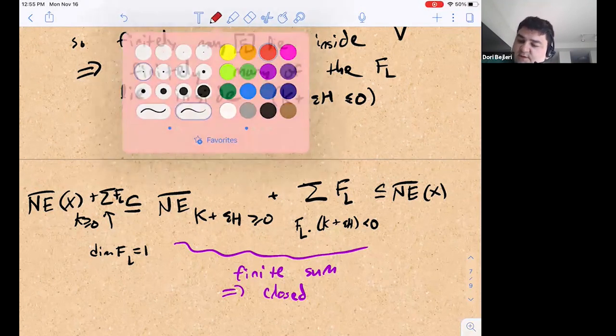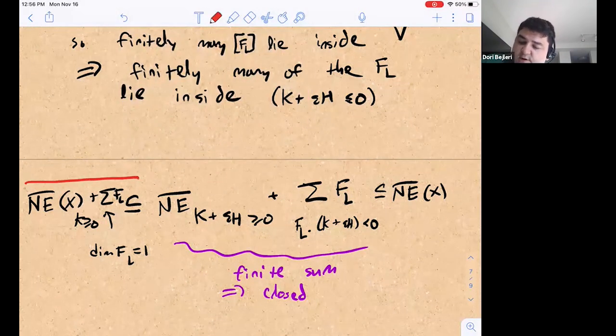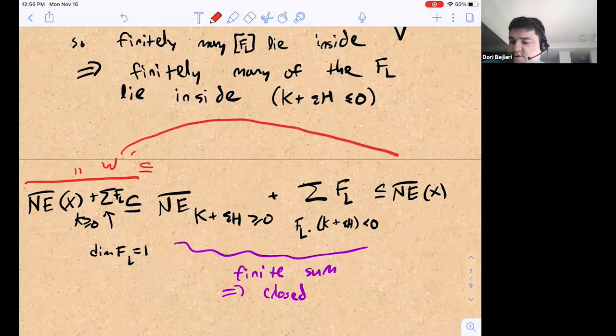Let me use a different color. So we know the closure is W. So because the middle is already closed, we know that it's contained inside of this middle piece. But we also know that this W actually just equals all of NE bar of X. That's what we proved in the previous step. So all this has to be an equality.